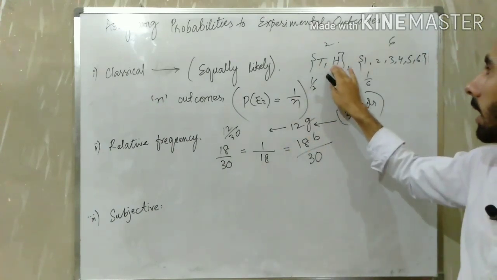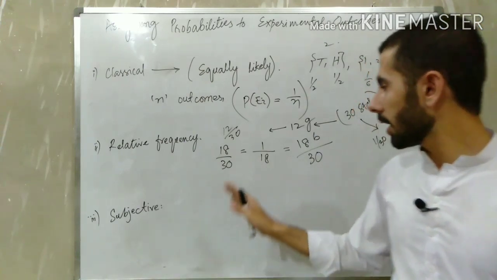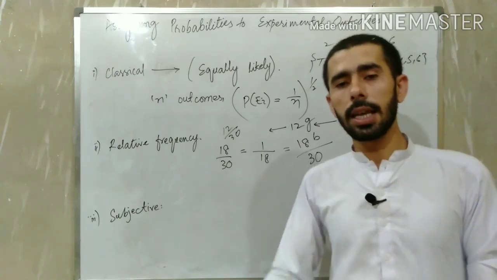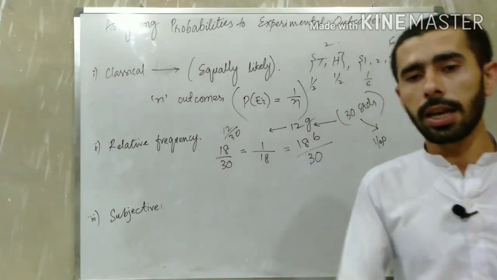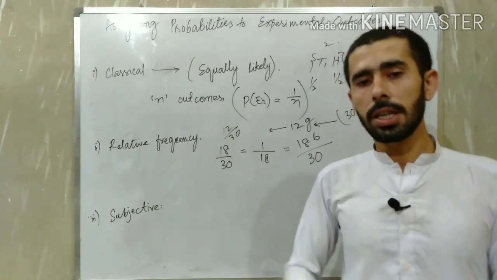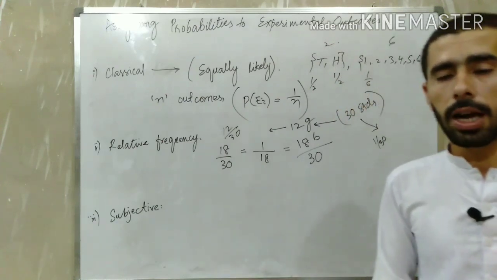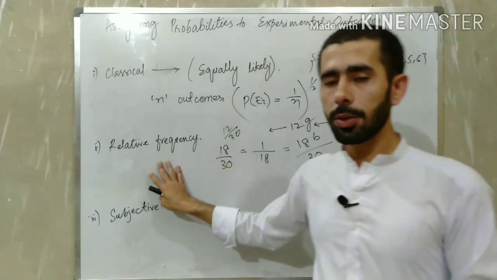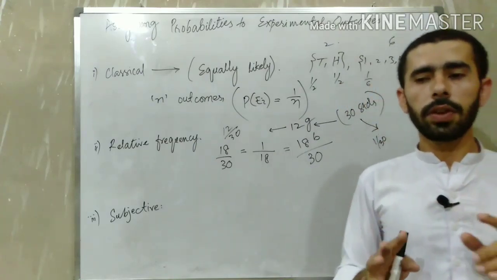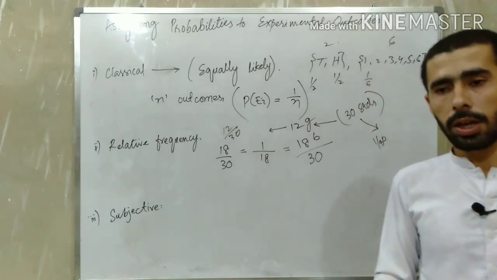Say for example, here the heads and tails were in equal proportion, but when the proportion is not equal, the count of one outcome is lesser than or more than the count of another option, or the frequency of one outcome is more than or less than the frequency of the other possible outcome, then we use the relative frequency approach.